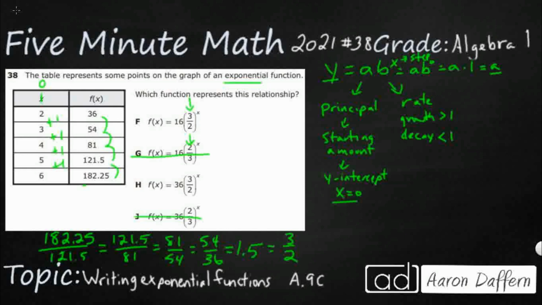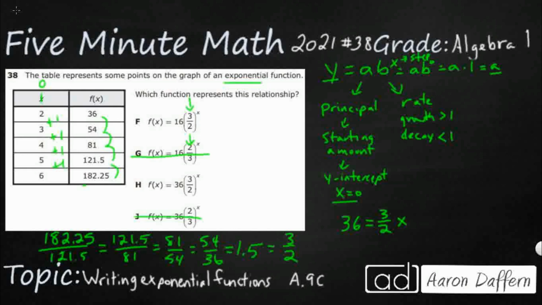Okay? So what we can say here is x equals 1, right? Then we know that the f of x is going to have to multiply by 3/2 to get to 36. So we can say 36 equals 3/2 times whatever our previous value is, right?